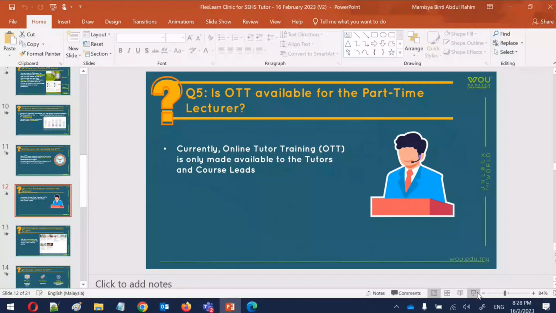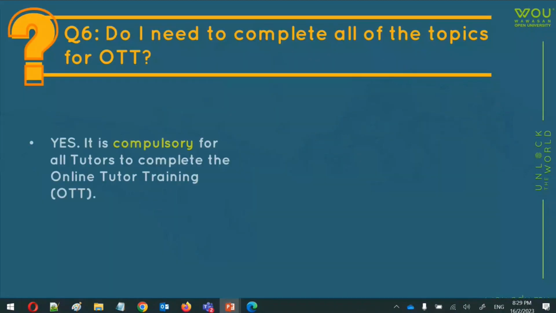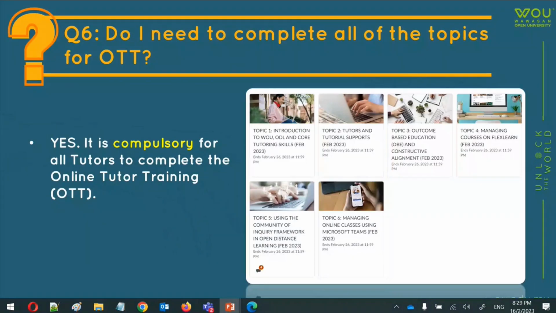Continue on the next question. These are the questions that we get over time. Like I said before, previously we were not aware that all 6 topics were needed for all the tutors to attempt or complete.